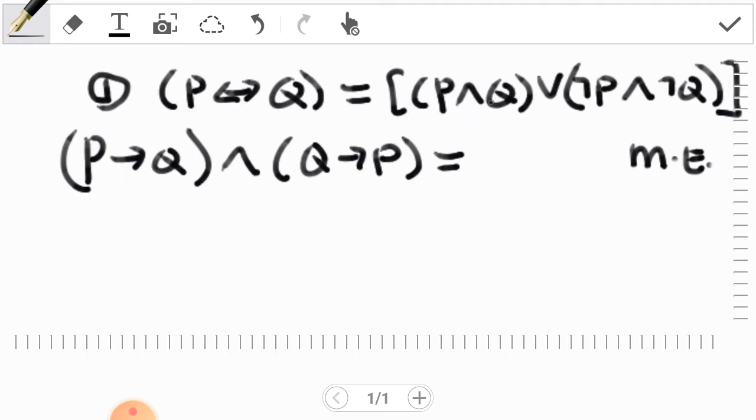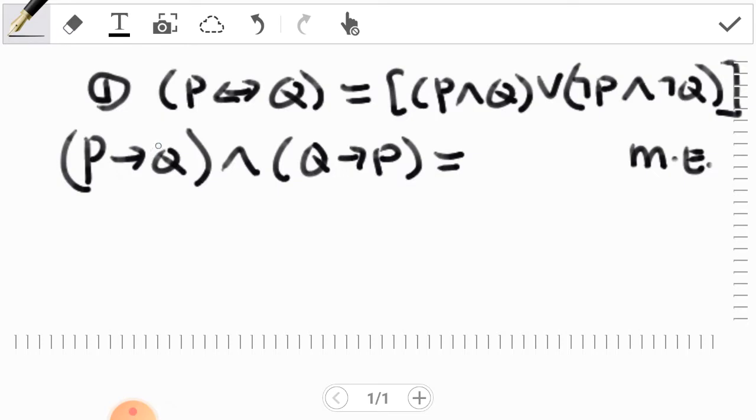Then after using material equivalence, comparing now your left side with the right side. In your right side, you don't find conditional statements. Rather, you find here your conjunction and your disjunction or. So that should tell us that we can actually convert first our conditional statements here to either conjunctions or disjunctions. And going over again your list, you can find there formula number 8, or the rule of replacement number 8, which is called the material implication.